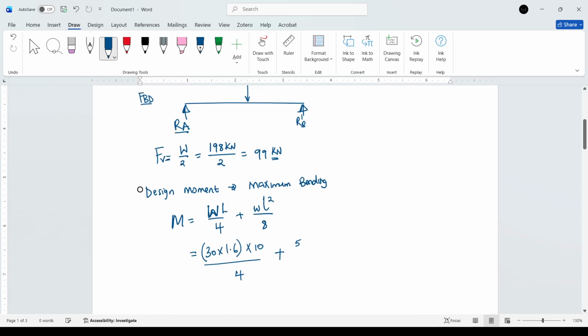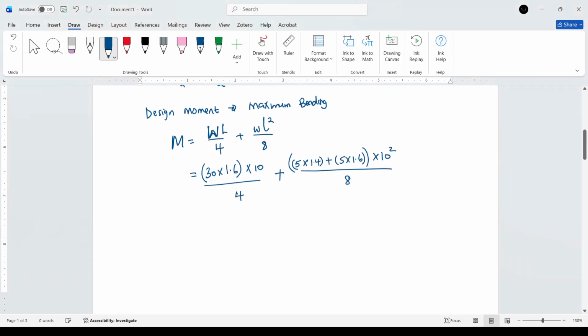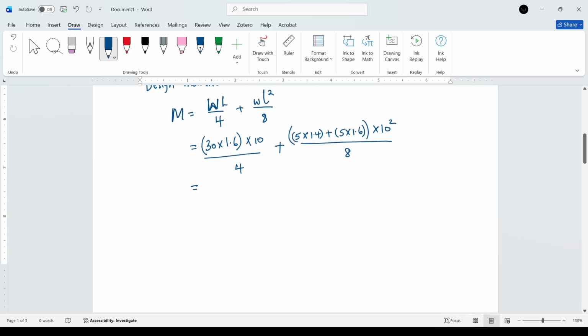We have both dead and imposed. 5 multiplied by 1.4 plus 5 multiplied by 1.6, close the bracket, multiplied by 10 squared divided by 8. Hiyo tumeelewa hiyo kitu nimefanya hapo?